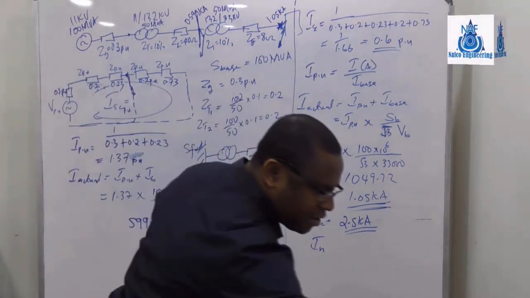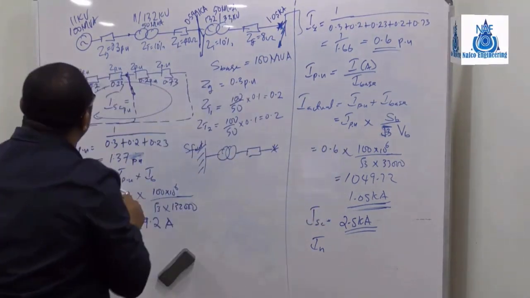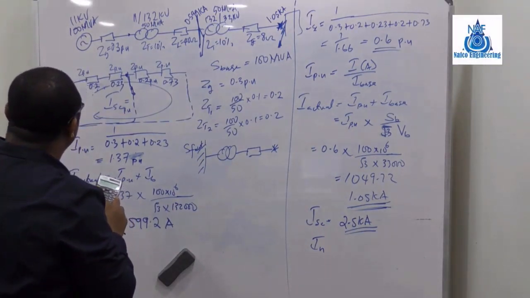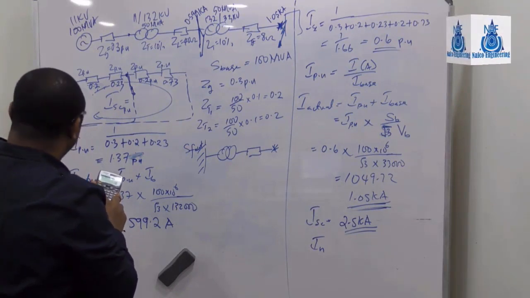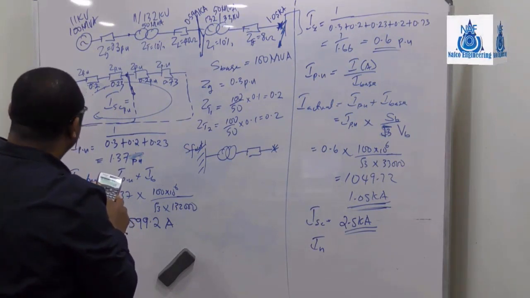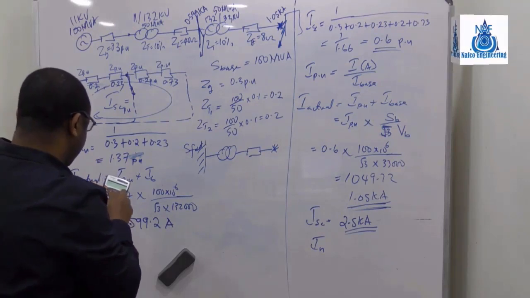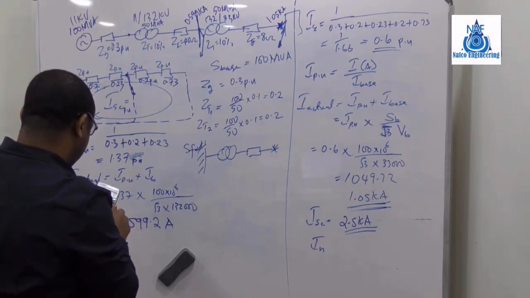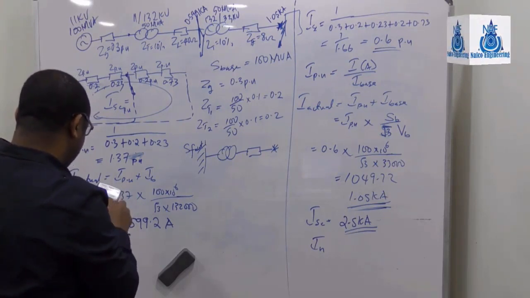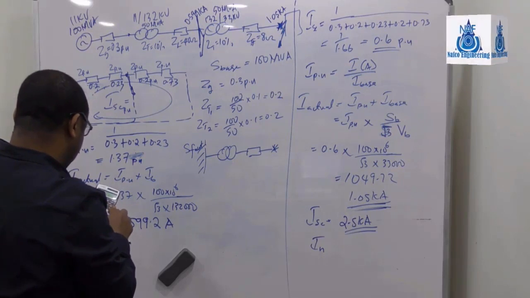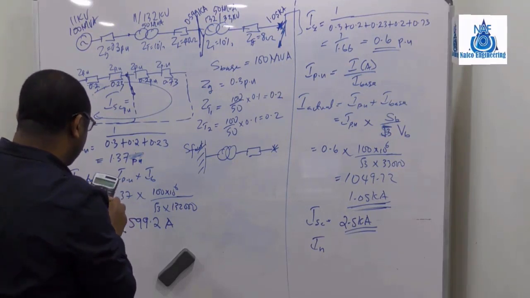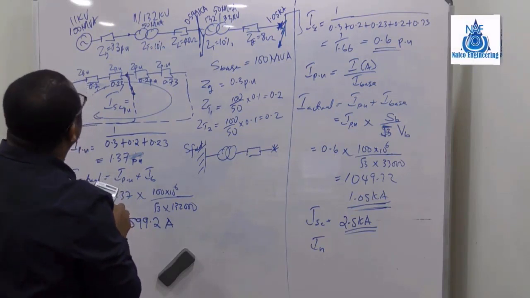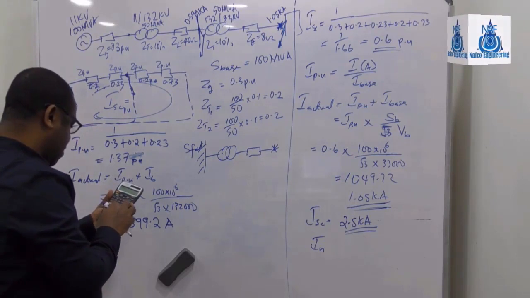So I have 0.3 plus 0.2 plus 0.23. 1 divided by that is 1 point that, then times 100 exponent 6, divided by root 3, divided by the voltage there, 132,000.